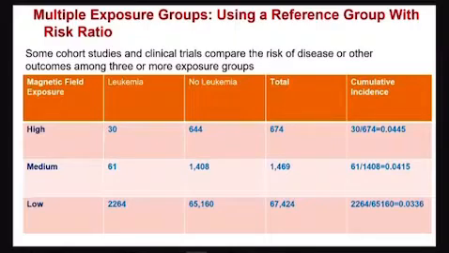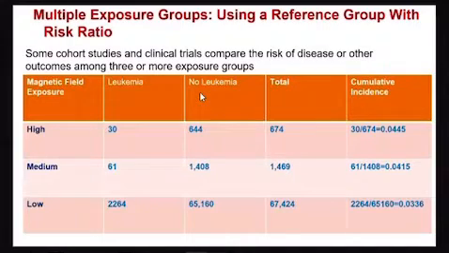Now when you take a look at this, different participants were exposed to different levels of magnetic field. And after they were followed for a period of time, we got an outcome. An outcome is either they have leukemia or no leukemia.